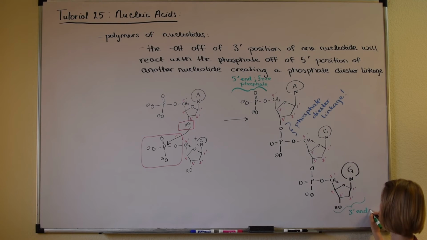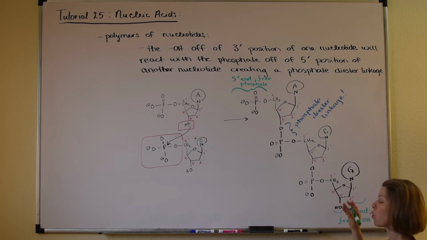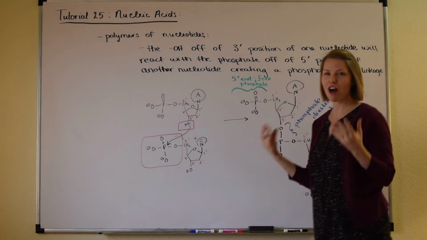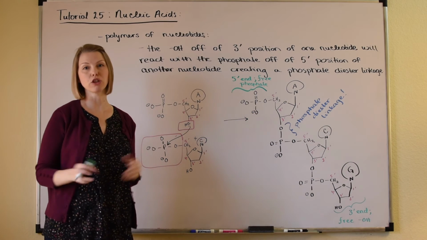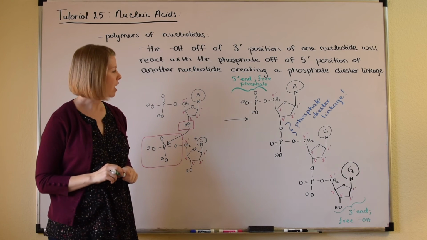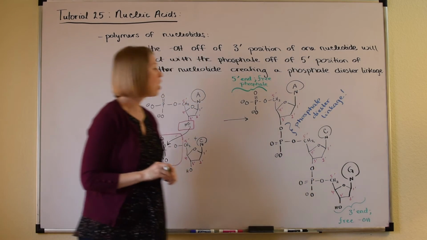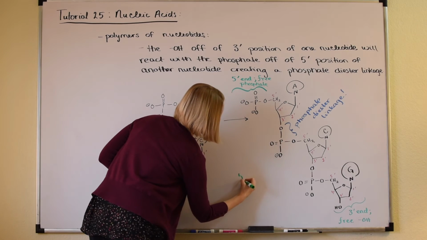The 3' end always has the free OH group. And of course, you can imagine that reacting with the phosphate of another nucleotide, and you can imagine our growing polynucleotide chain.